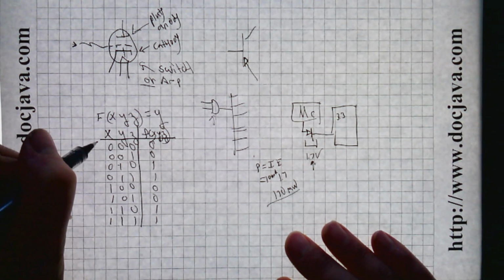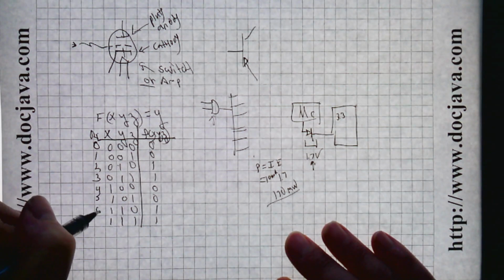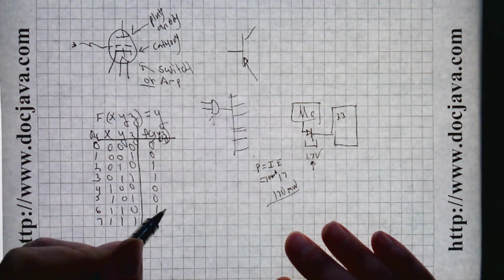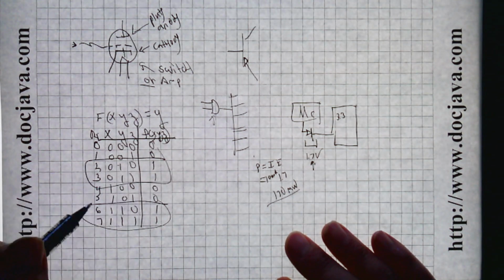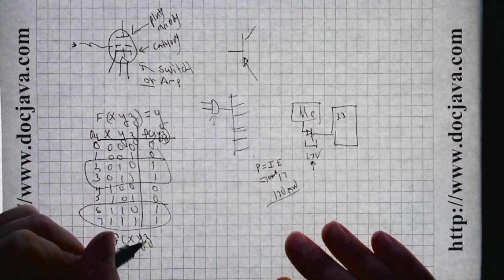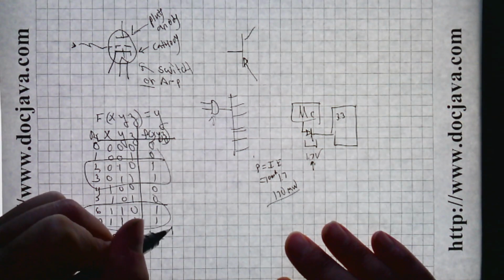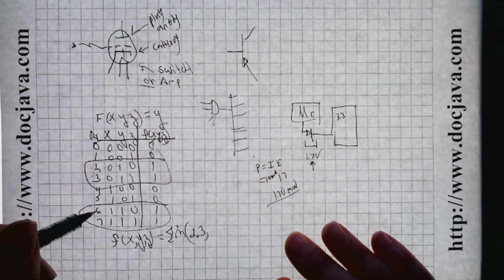Is that sort of sensible? So then I numbered the rows, and now I see where the 1s are, so that f of x, y, z in canonical sum of products form must be 2, 3, 6, 7.